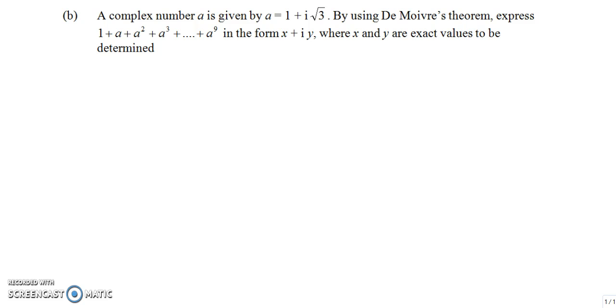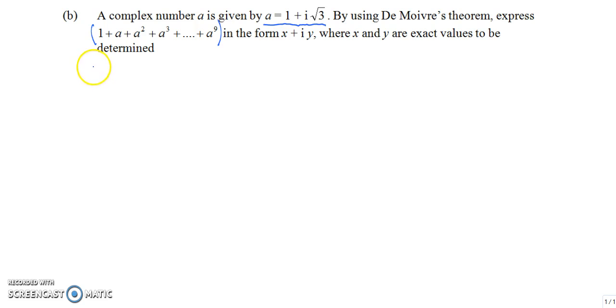Question 12 part B gives us a complex number a equals 1 plus i square root 3, and the question wants us to use De Moivre's theorem to find the value of this string of expressions in Cartesian form. It is clear that we are not going to substitute a into every single term to find the final answer, because by doing so we are not applying De Moivre's theorem.